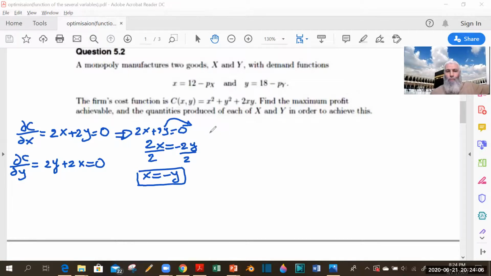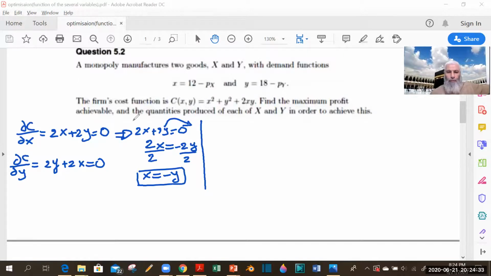So what's the next step? Find the maximum profit available. Should we find the second derivative or is there no need?